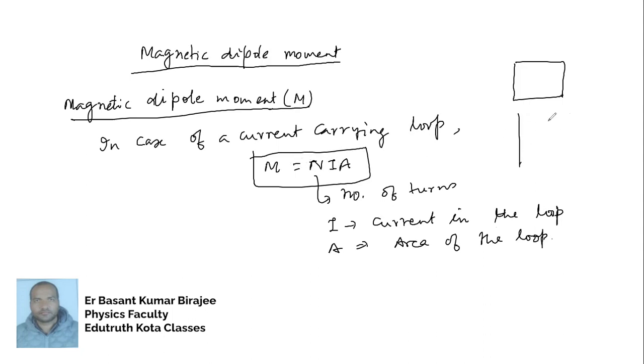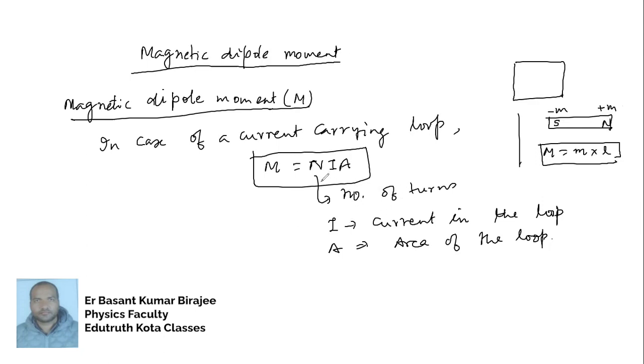In the case of a bar magnet, suppose this is the south pole and this is the north pole. The pole strength is taken as minus m and plus m, and the magnetic dipole moment was the pole strength of any one pole times the distance of separation, that is the length of the magnet.